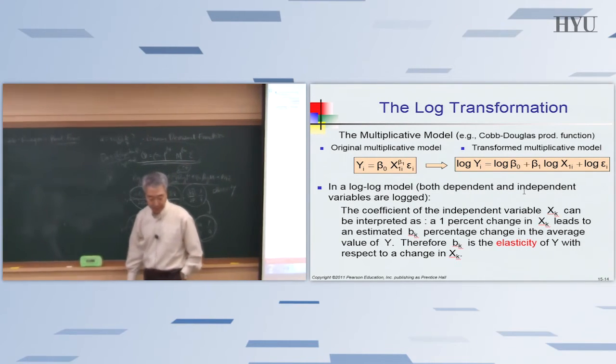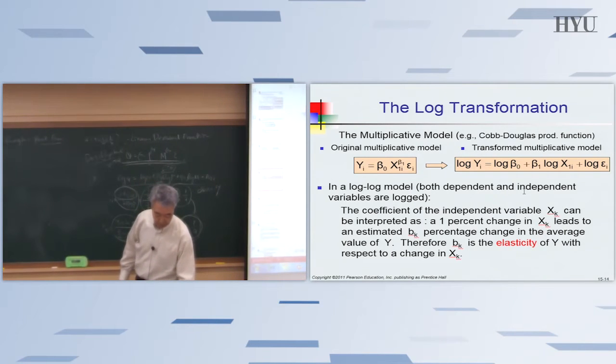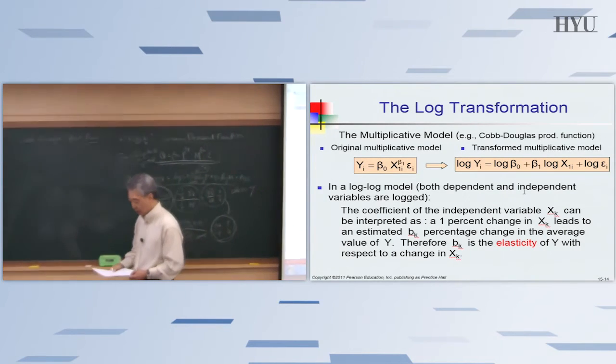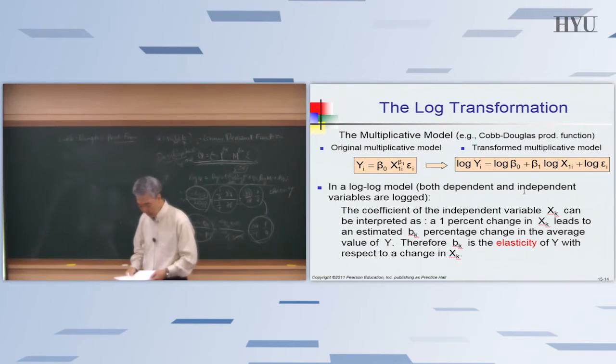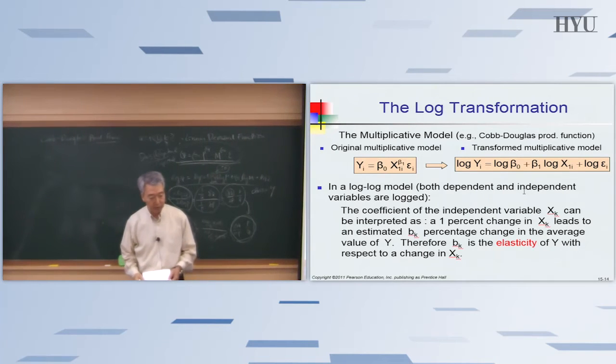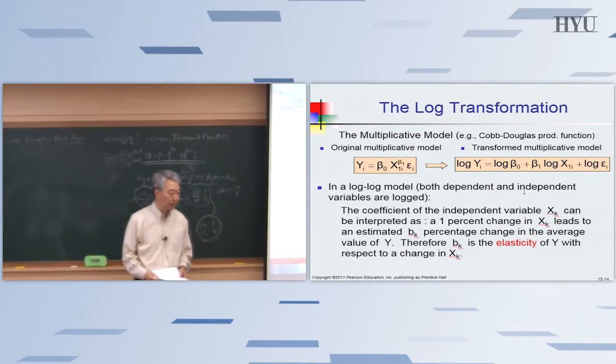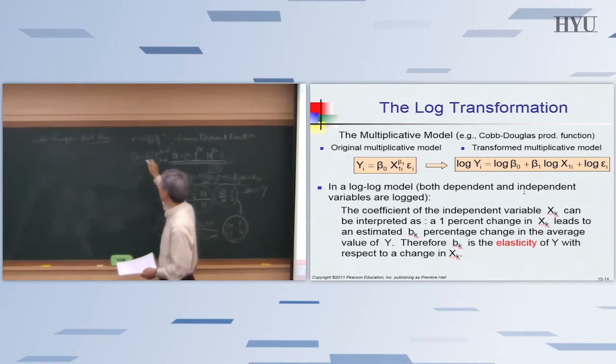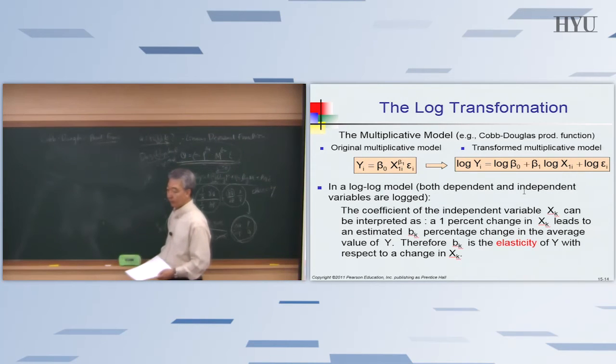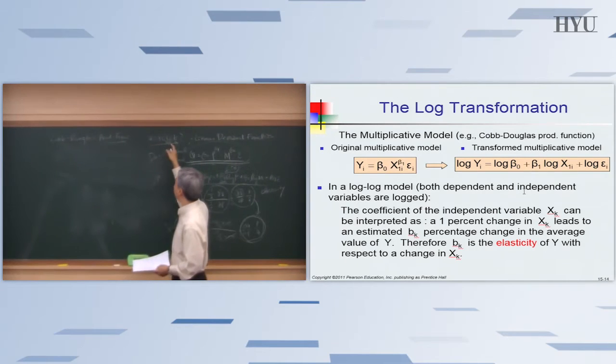So many years ago, almost 90 years ago, these two economists, Charles Cobb and Paul Douglas, tried to come up with the actual form. This is a very primitive conceptual relationship between output and input.